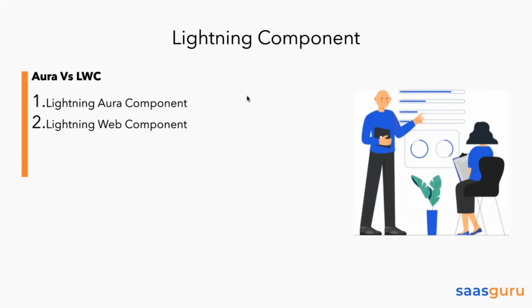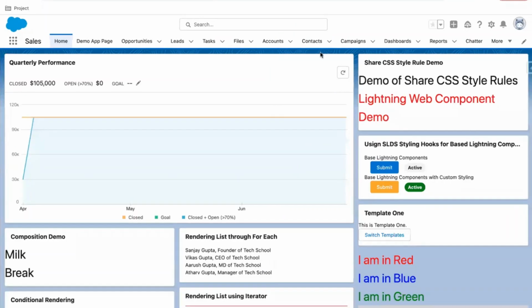Basically, in the initial days when Lightning Experience was launched, it was known as Lightning component. Lightning components are available for front-end purposes. If you want to create a simple component that you want to place on the page, that is known as a Lightning component. Let me give you a quick overview.